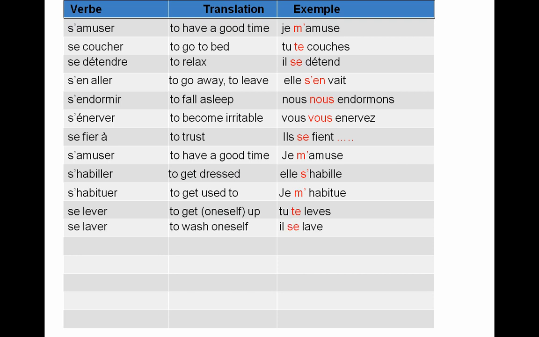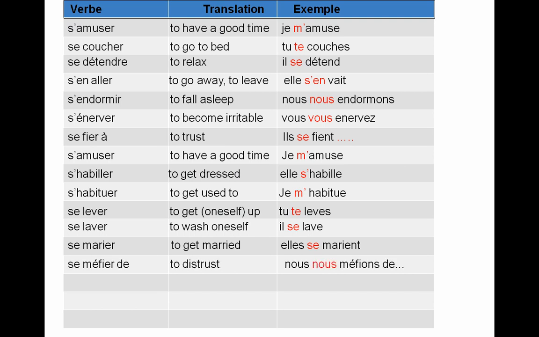Then you have se laver, to wash oneself. Il se lave. I pick il, so se lave. Se marier, to get married. Elle se marie. So they get married, okay? Se méfier de, to distrust, or not to trust someone. Nous nous méfions des politiciens, for instance. We don't trust politicians.